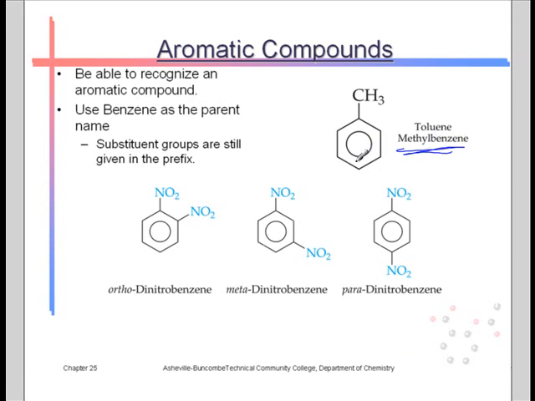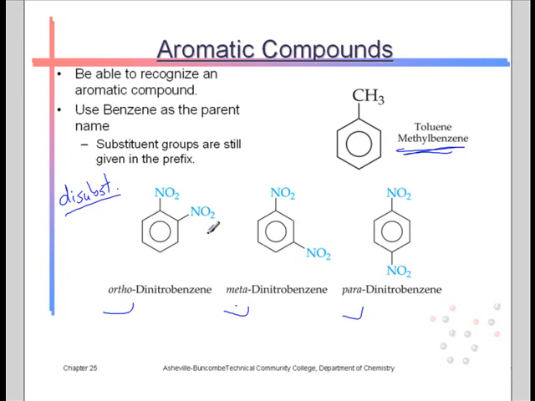This cyclic aromatic compound only has a single substituent group, so I don't need to number anything. It's just in the one position. It's the di-substituted examples where the prefixes get a little bit more complicated. And I'm going to use ortho, meta, and para just because they're very common in organic chemistry.